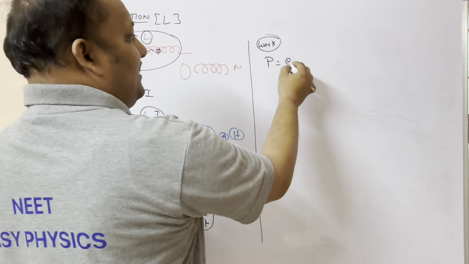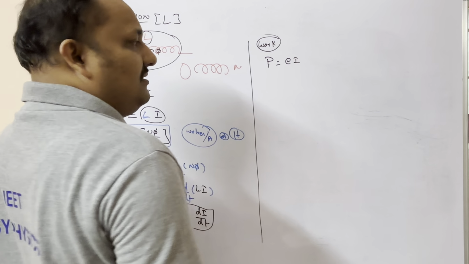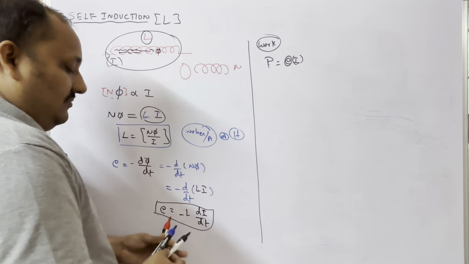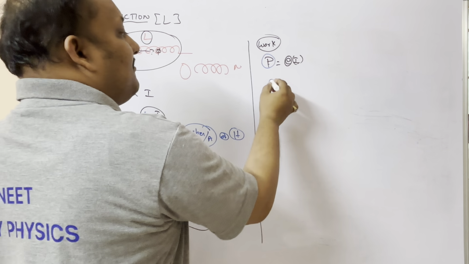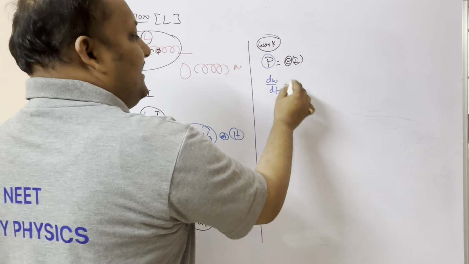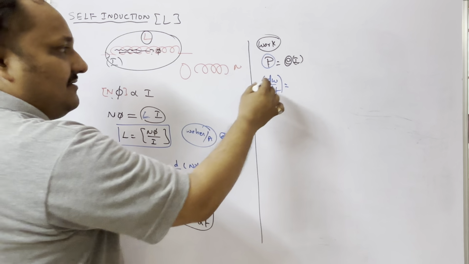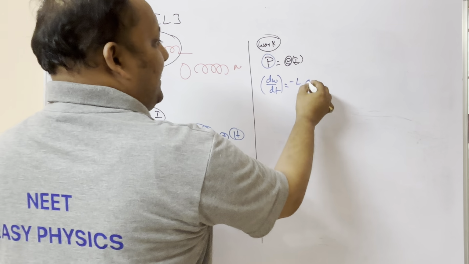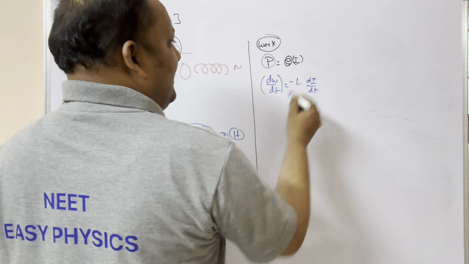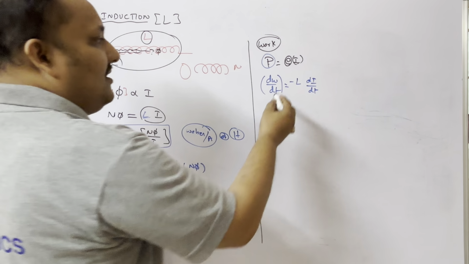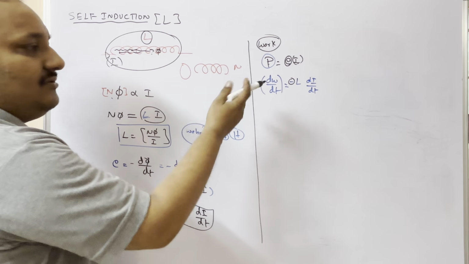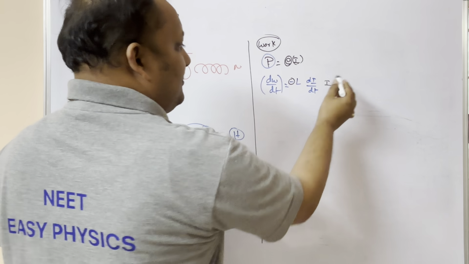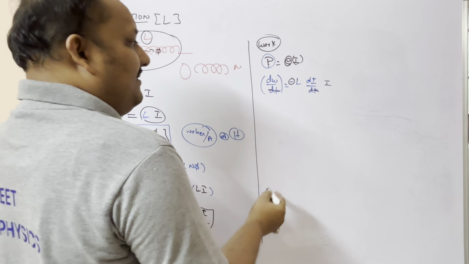Power, we came to know in electricity, is voltage into current. Because we came to know the induced EMF, we will get from power, work done dW by dt. Derivation is not required, we are just giving it. Now E is equal to minus L di by dt. This negative symbol is only opposition, therefore we will remove it later. di by dt into i, so this dt will be cancelled.